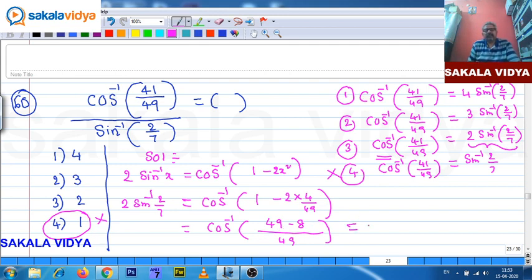So this equals cos inverse 41 by 49. So that means here it's clear that the third option is the right option.